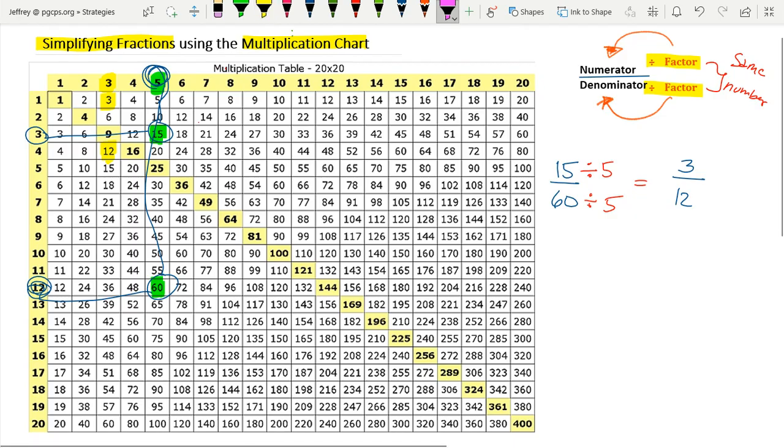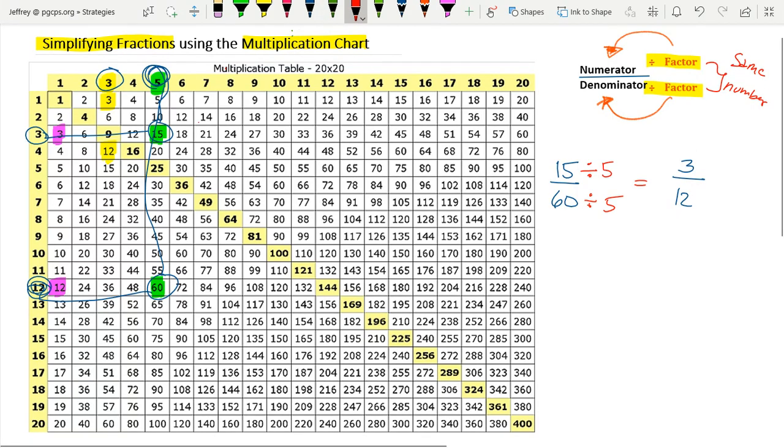Now you might say, how about this one? I see 3 here and 12 here. Remember, if we can find the other factors greater than 1, then we use that, okay? If you simplify it by dividing by 1, the number will stay the same. So we're going to use the factor 3 to simplify 3 over 12.